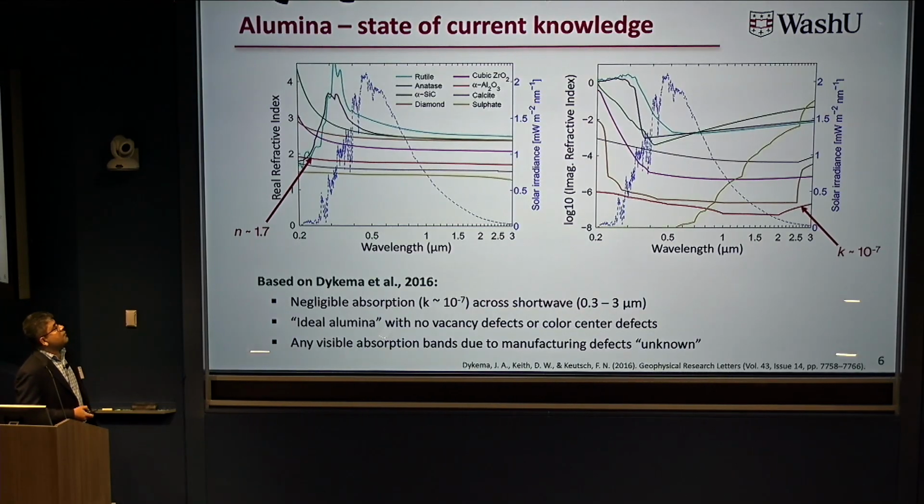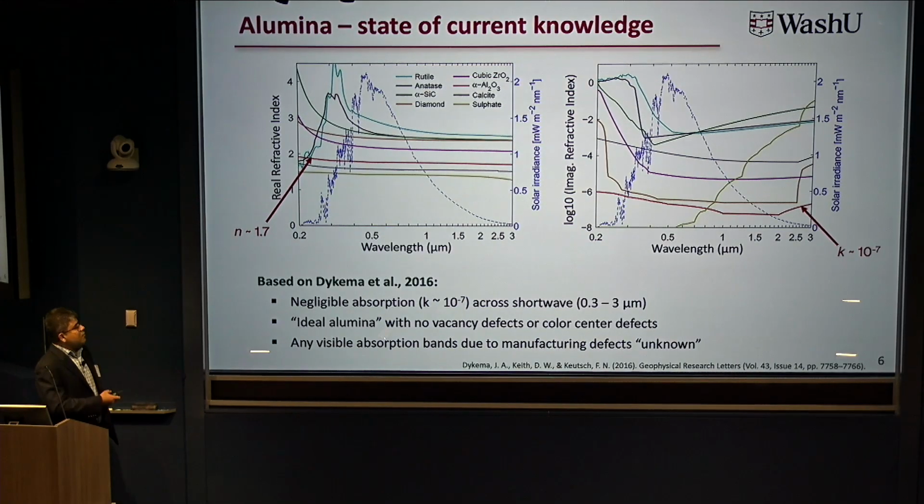And if you look at the current state of knowledge, you see that in the shortwave, you have a real index of refraction of around 1.7 and the imaginary around 10 to the power minus 7, which has been input into all the climate modeling work, or stratospheric modeling work, to investigate this radiative forcing versus temperature anomaly.